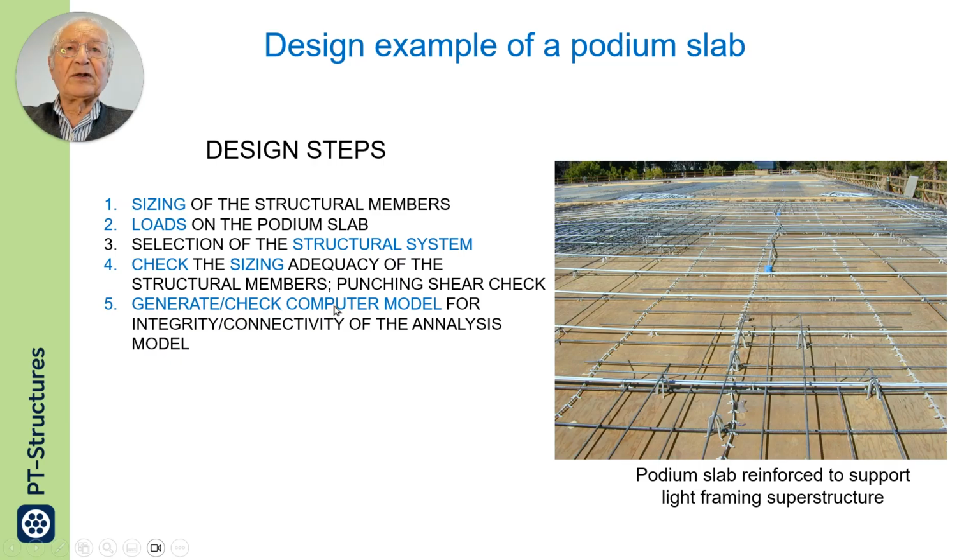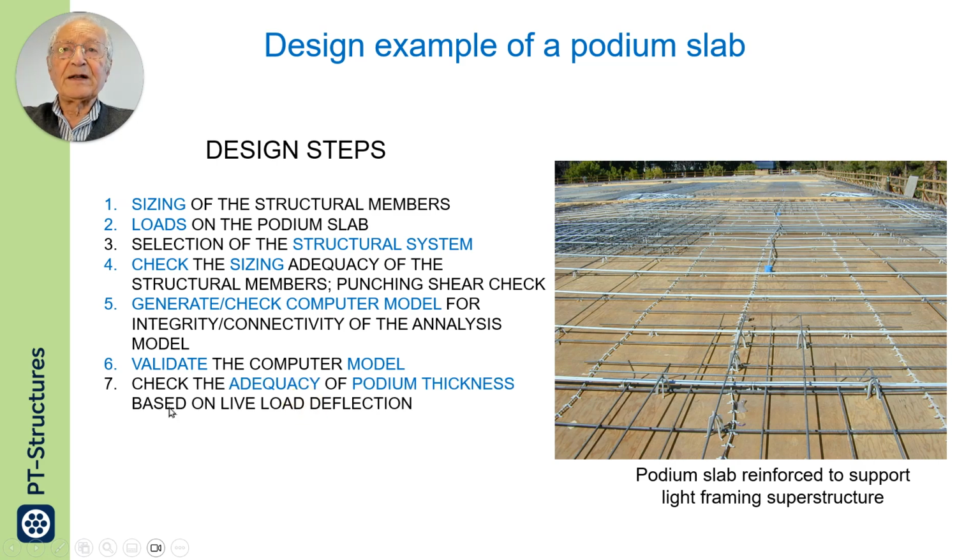You make a computer model for integrity, connectivity of the analysis model. What I mean here, and I will walk you through, is to make sure that the computer model that we have made to represent the structure is valid. And here I have it. We validate the computer model.